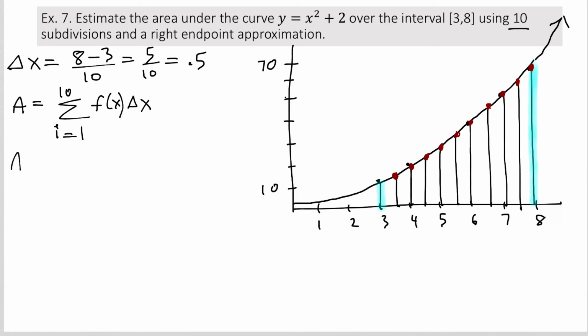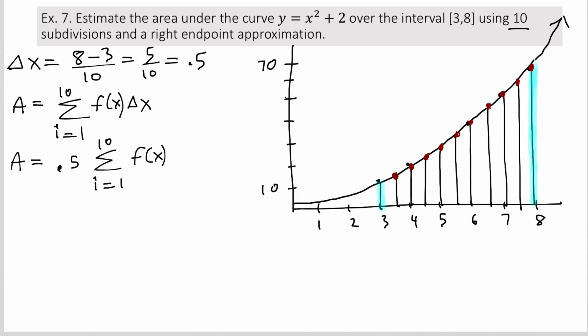All right, but I know that my delta x is 0.5, so I can pull a constant out in the front here according to my properties of sigma notation. So I can say 0.5 times the sum from i equals 1 to 10 of just f of x. All right, and then multiply that sum by 0.5 and I'll have my area.